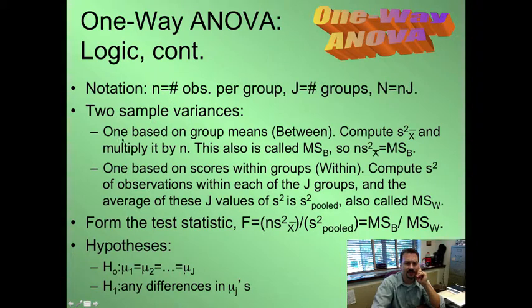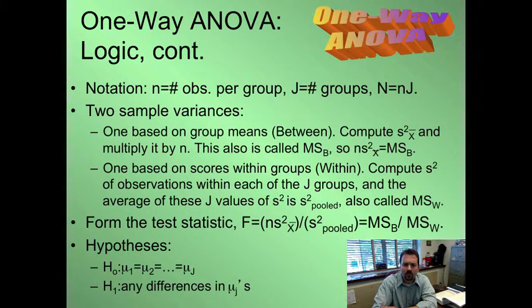Two sample variances, as I mentioned. One is based on group means. It's called the between groups variance. And it is computed by the variance of x bar, and you multiply that by n. Your textbook gets into this in greater detail, so please do check out that chapter on one-way ANOVA to see the detailed formulas here.